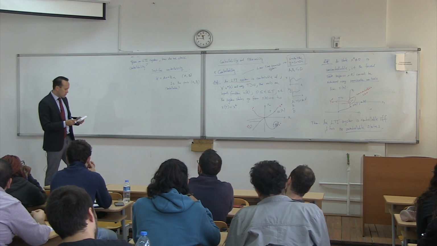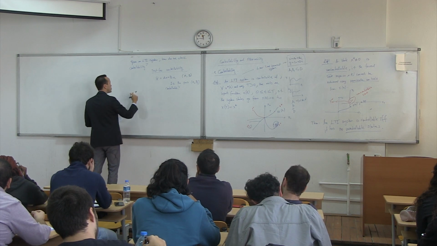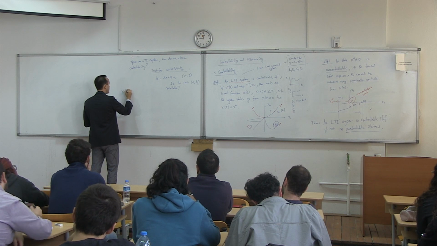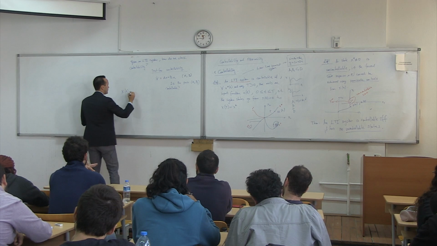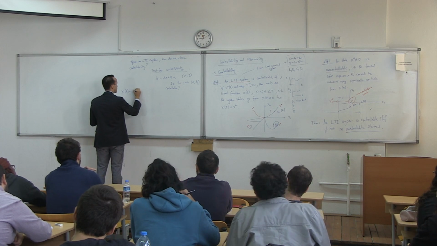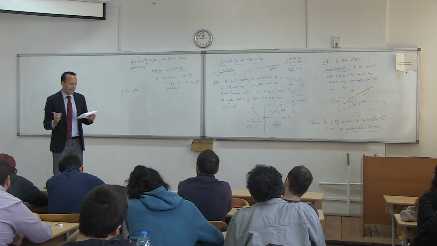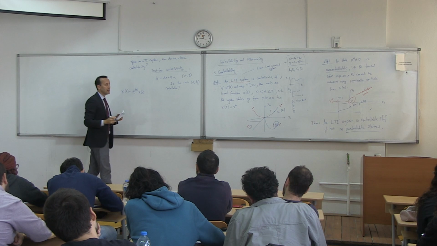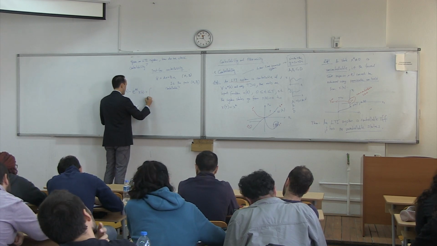So given this, if you write the solution for this equation, x of t, the solution will look like this. You probably could remember this from your calculus class, or maybe even from system dynamics.